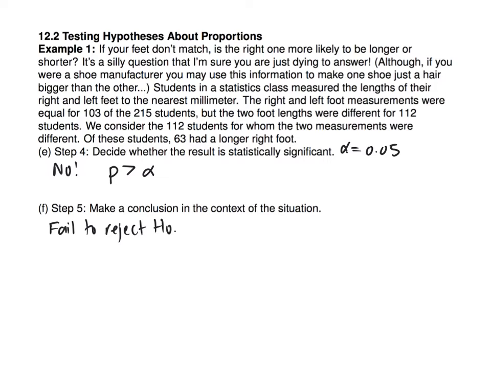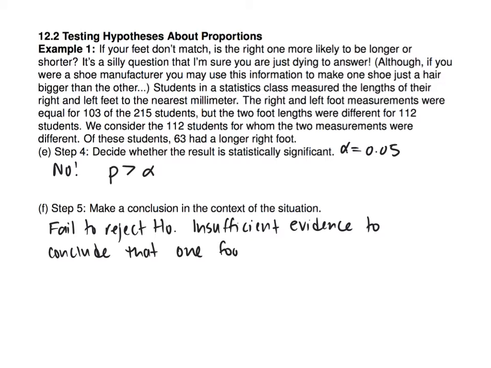That doesn't mean H naught is true, it just means there's insufficient evidence to say it's not. And that's how we're going to say this: there's insufficient evidence to conclude that one foot is always longer than the other.